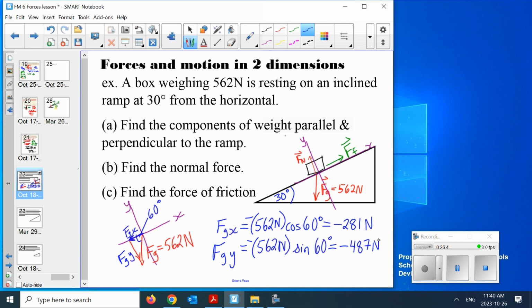Okay? Now, are there questions about the negatives? Okay? I think we've done it. We've got components of weight parallel and perpendicular to the ramp.